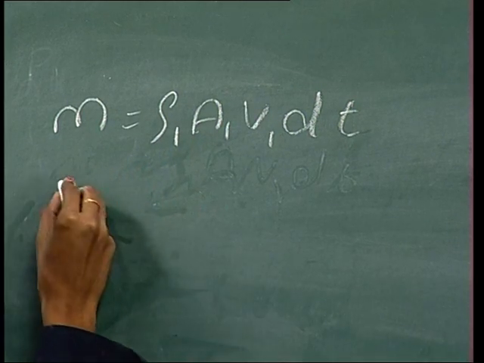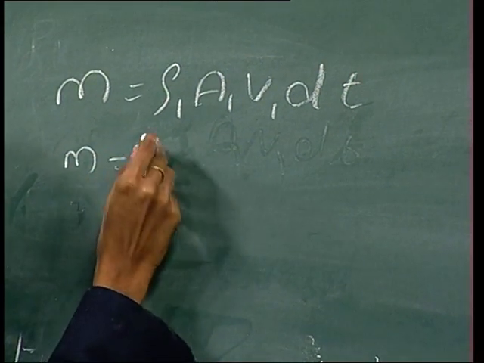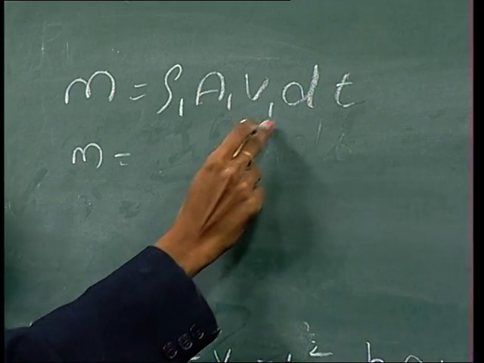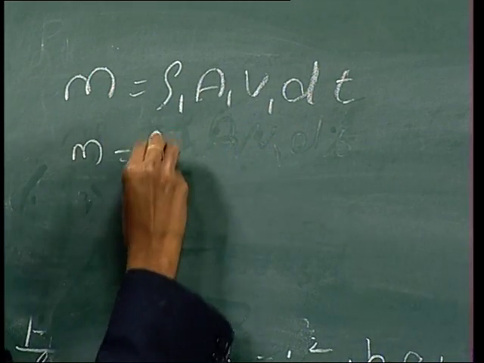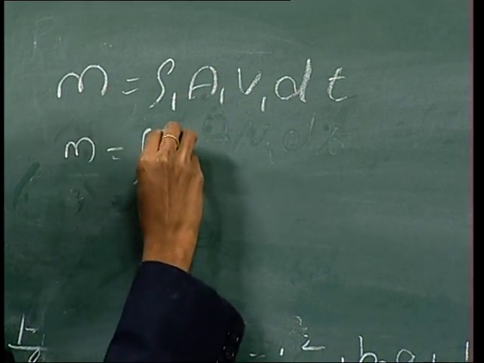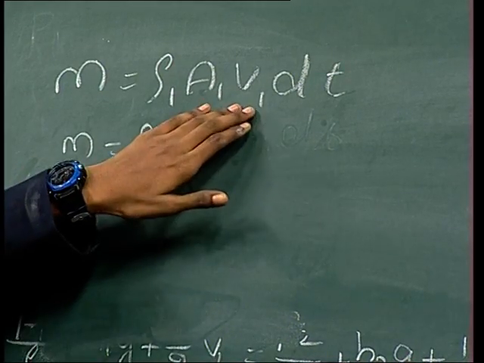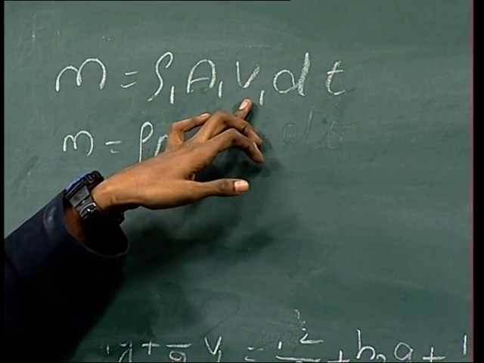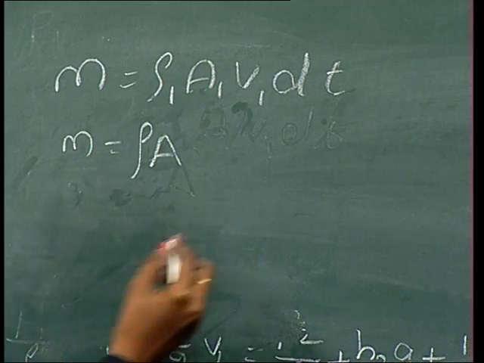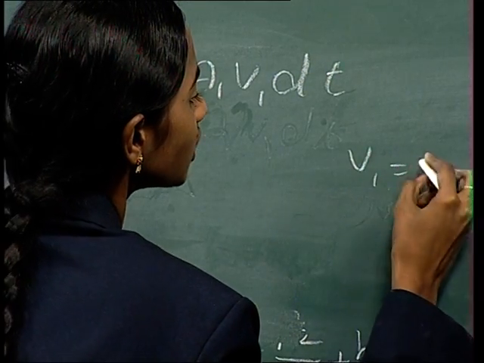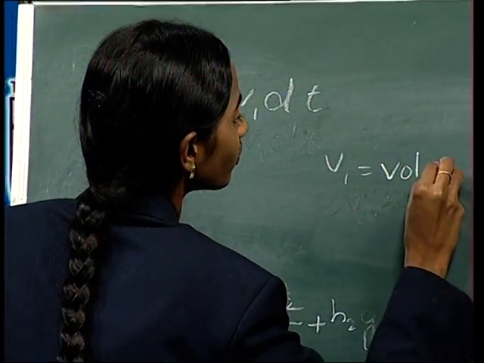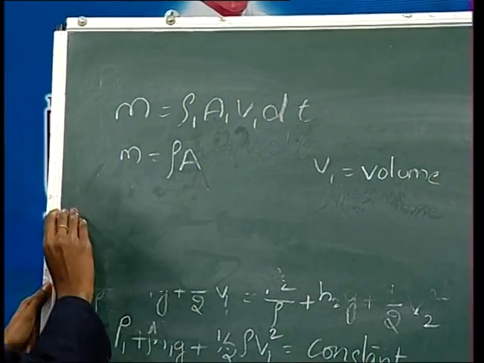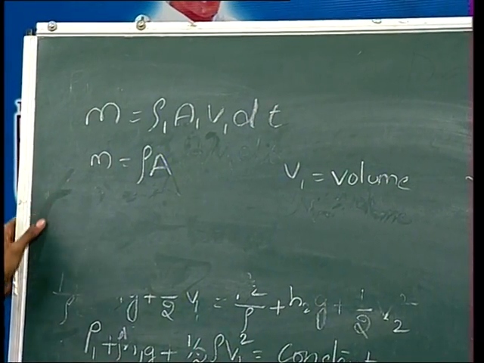Here m is equal to rho 1 A1 v1 dt. Rho means density, A means area, and v1 is volume.